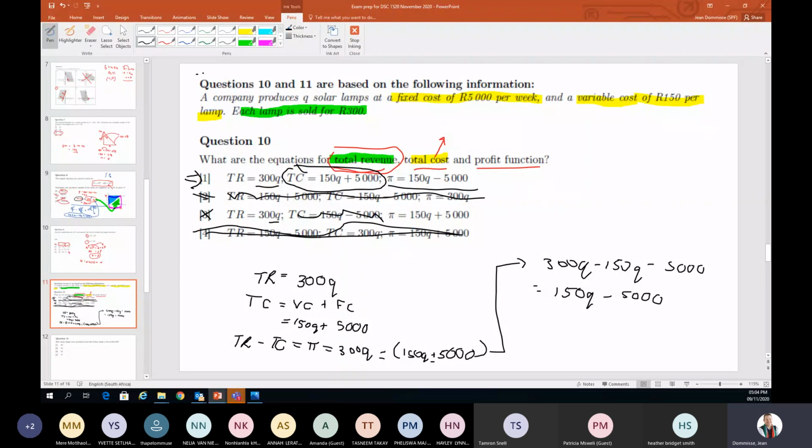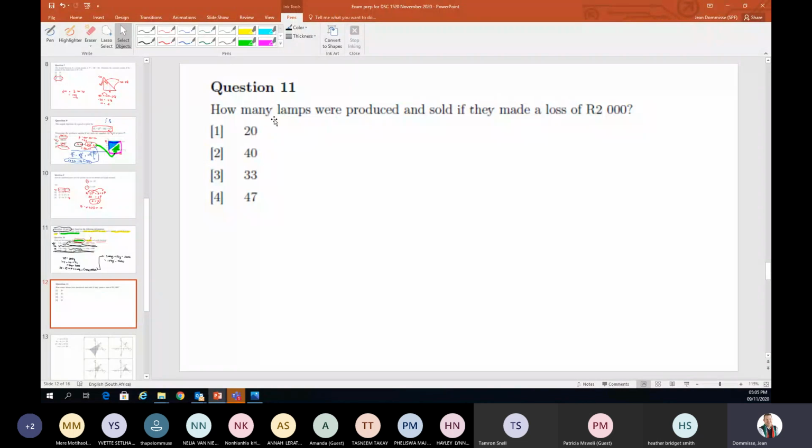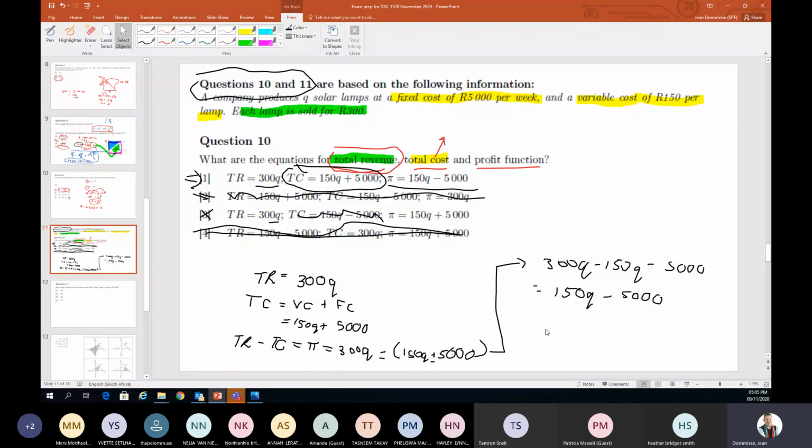Okay, so here they say we're looking at questions 10 and 11. So let's just see what is in 11 that we might be able to use. How many lamps were produced and sold if they made a loss of 2,000? Okay, so we know what the profit formula is.